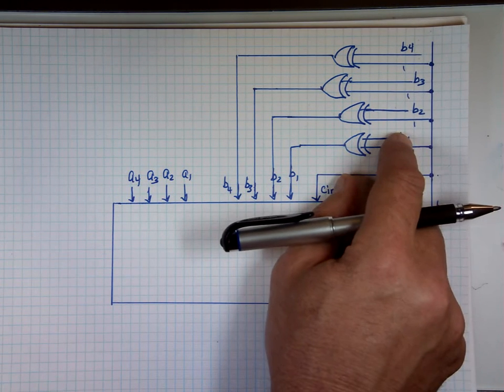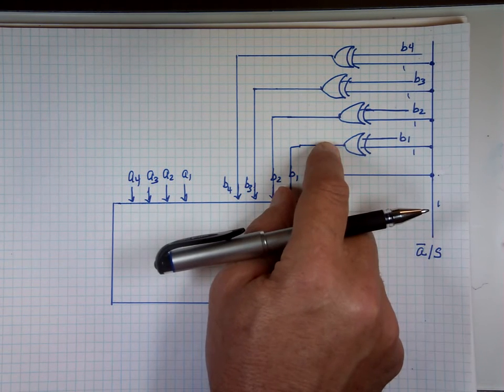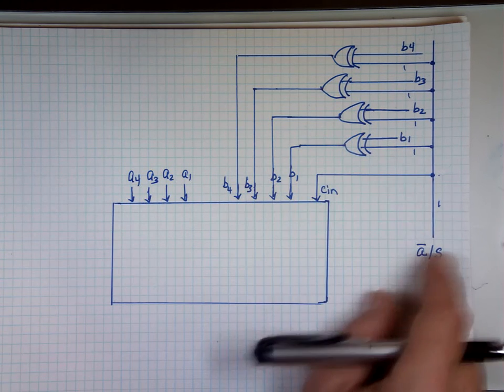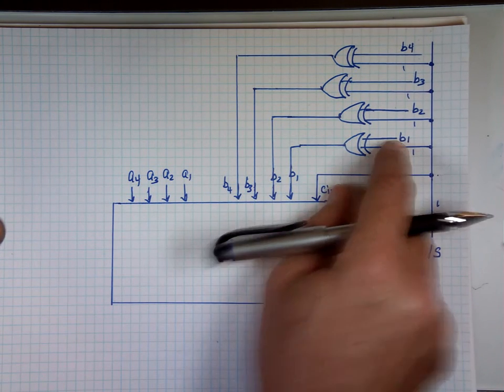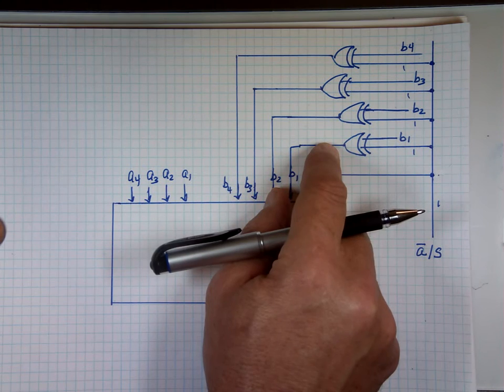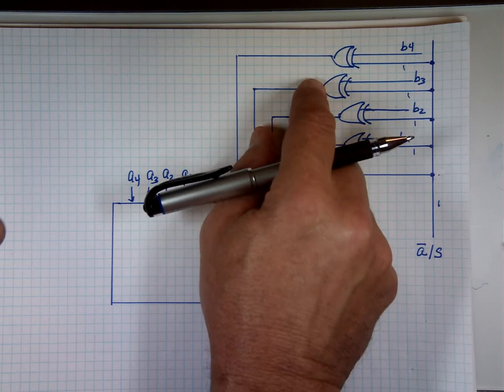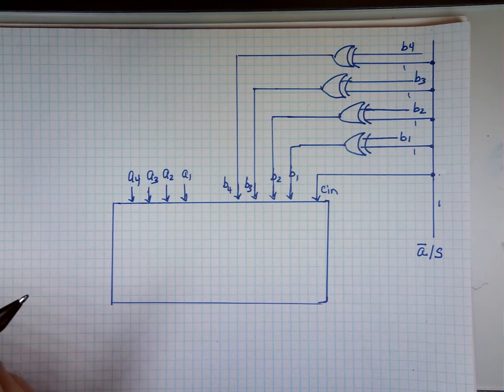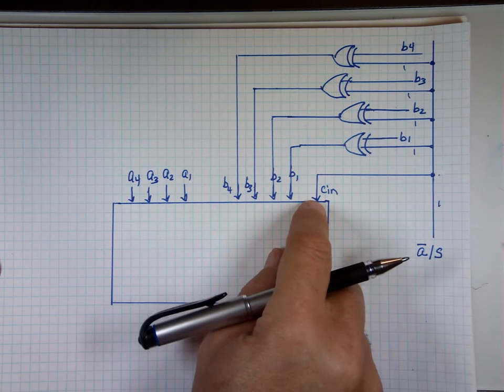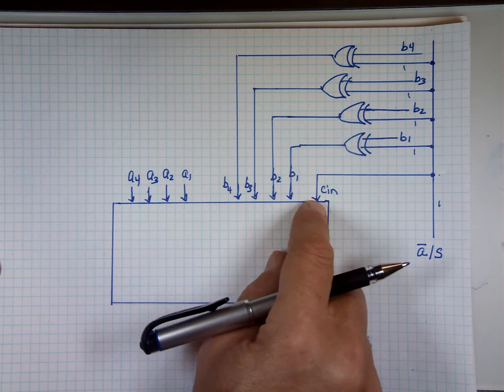You get a complement. So once you put a value of 1, this will be the 1's complement. That will be B1 not, B2 not, B3 not, B4 not. You complement all the 1's and 0's. Then you're supposed to do what? Add 1. Well, if you have a 1 here, what's going to happen to that carry? You're going to add 1 to the answer. That does the 2's complement. Beautiful.